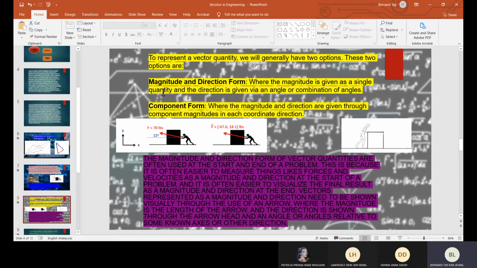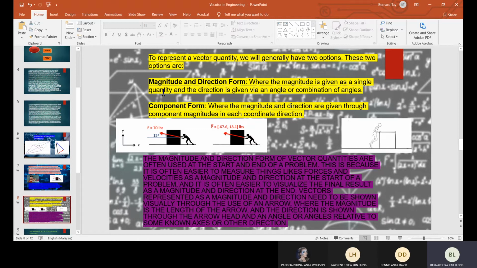The magnitude and direction form is often used at the start and end of a problem. This is because it is often easier to measure things like forces and velocities as a magnitude and direction at the start of a problem, and it is often easier to visualize the final result as a magnitude and direction at the end.